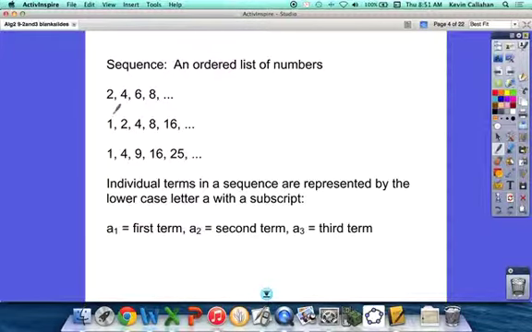In the third sequence, what is A4? It's the 4th term, 16, right? In the first sequence, what is A2? It's 4. It's the value that's in that place.